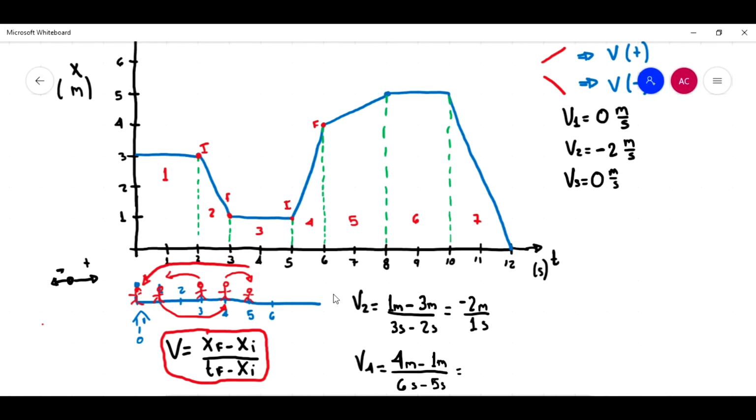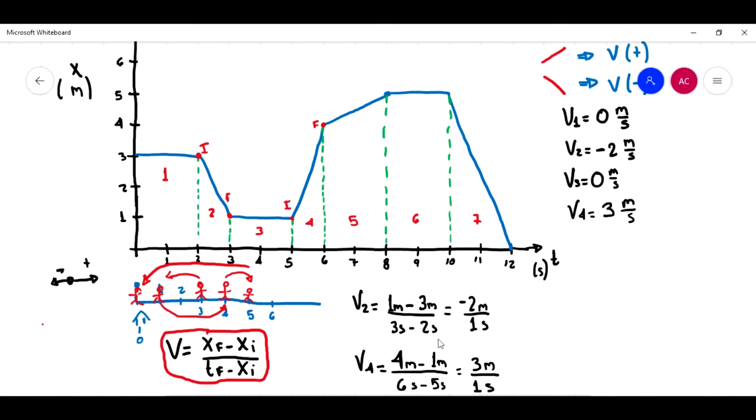So this will be 4 minus 1 is 3 meters over 6 minus 5 is 1 second. So the velocity of segment number 4 equals 3 meters per second, and it's positive because I'm moving to the right. I'm in position 1 meter and then I jump to 4 meters.